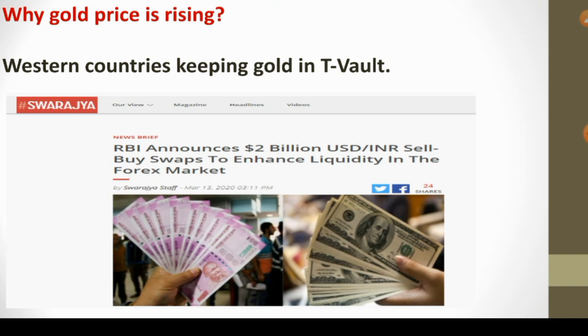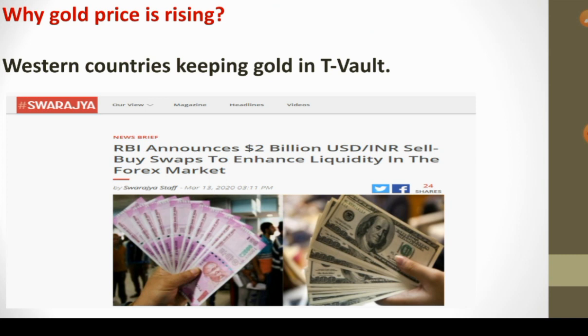That's happening because India and China's import of gold decreased, but Western countries keep gold in treasury vaults because there is a pattern. Here we have sovereign gold bonds and companies like Manappuram and Muthoot who give loans on gold, keeping gold as collateral. But in Western countries, they keep gold as the best investment through any company. What happens when the economy is shrinking and the market is not stable?